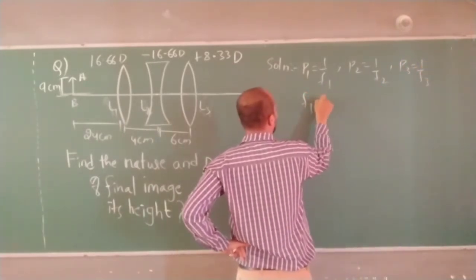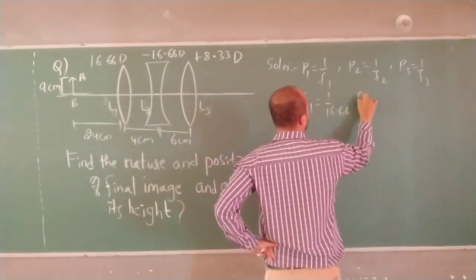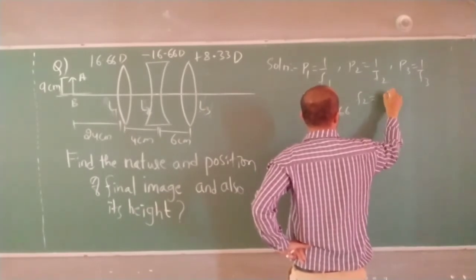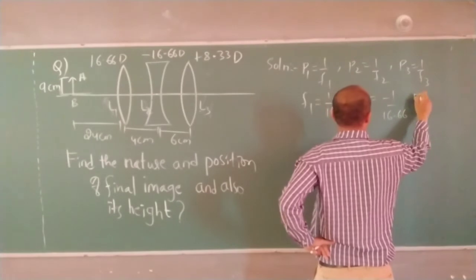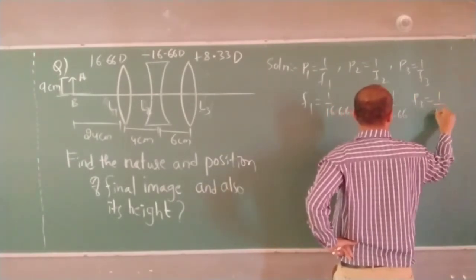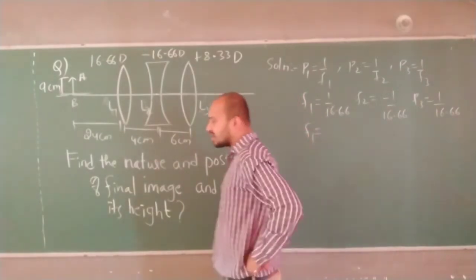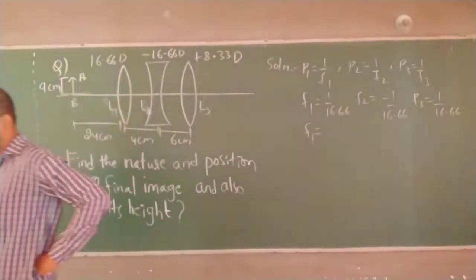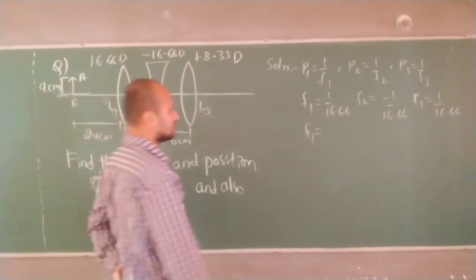So f1 will be equal to 1 divided by 16.66, f2 is equal to minus 1 divided by 16.66, and f3 is equal to 1 divided by 16.66. The value you will get is 0.06.